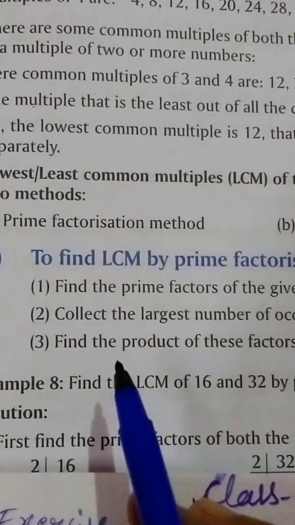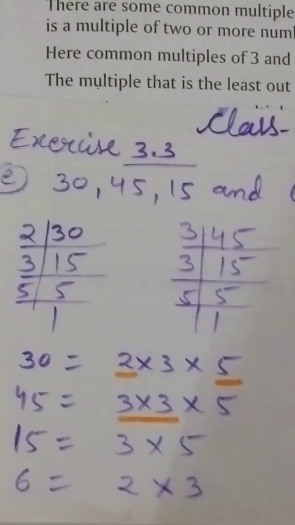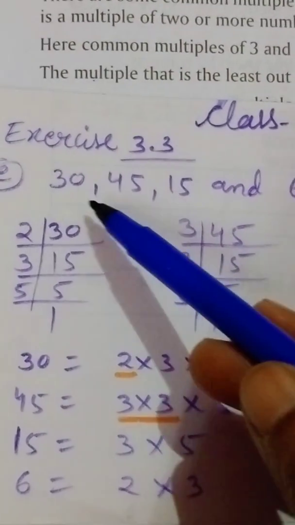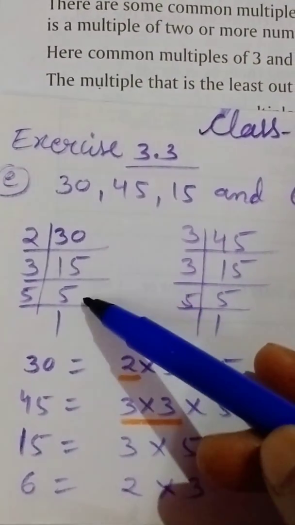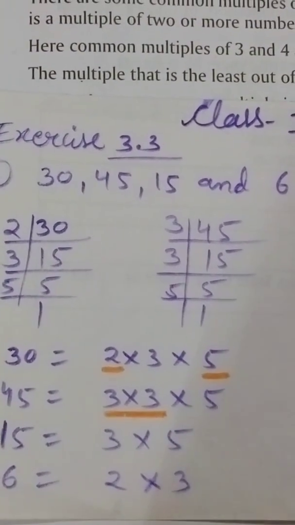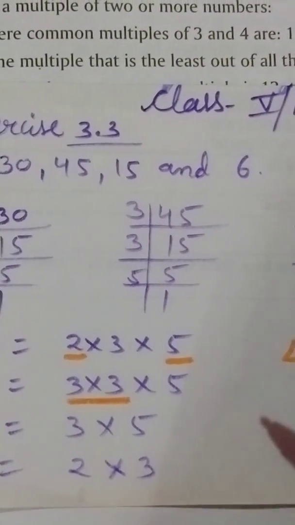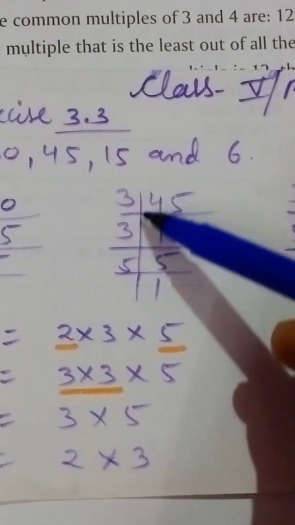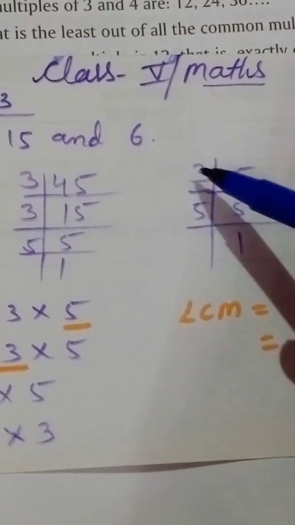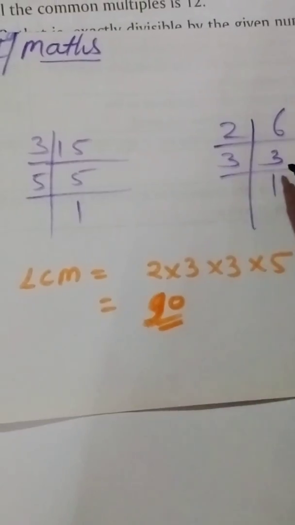The first step is to find the prime factors of the given numbers. I have already told you how you have to find the prime factors by the prime factorization method. 45 its prime factors, 15 its prime factors, and 6 its prime factors.